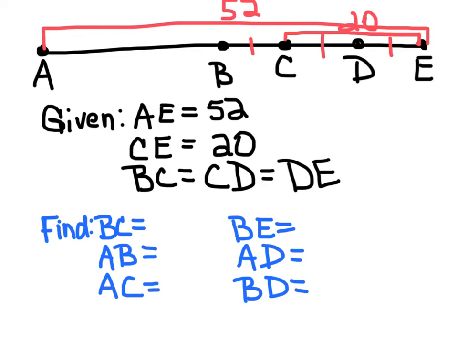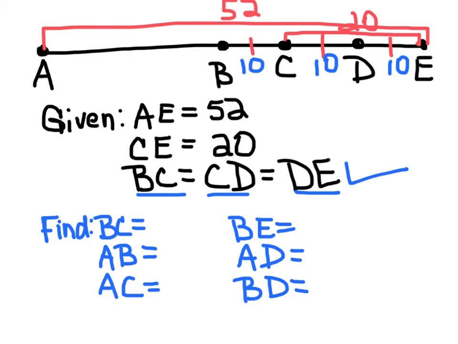We know that BC equals CD, which equals DE. So if from C to E is 20 and those two pieces are equal, then C to D must be 10, and D to E must be 10 also. That means BC must also be 10 because all of those things are equal.